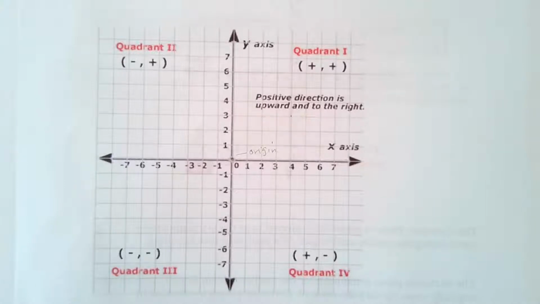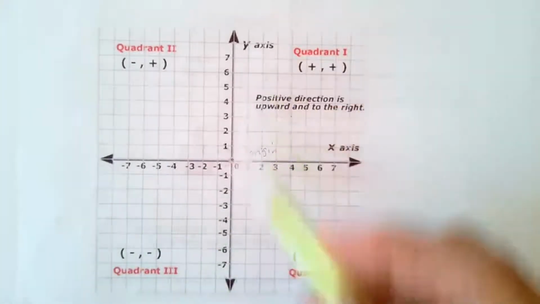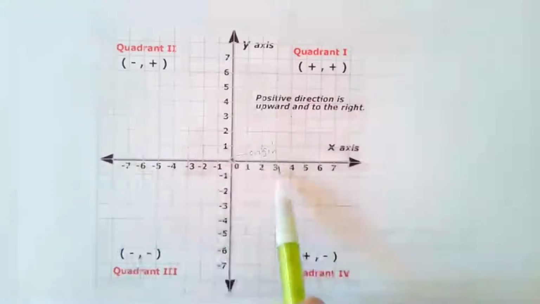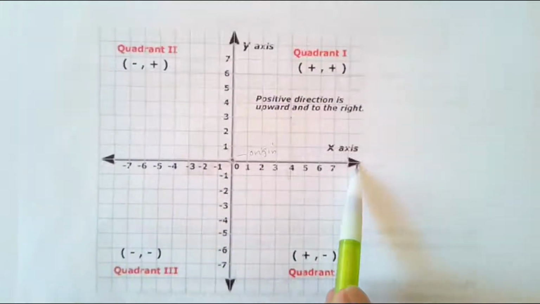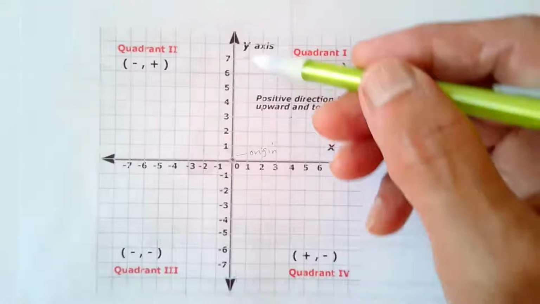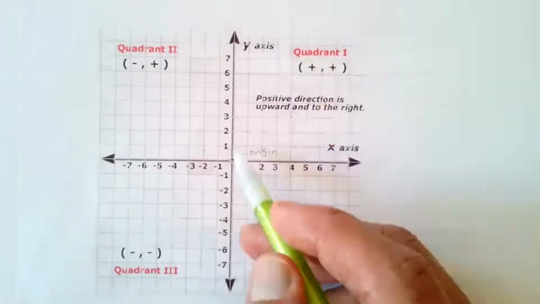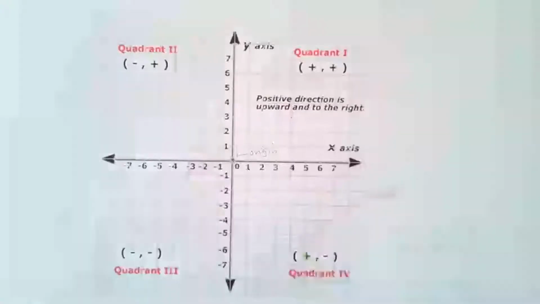Simply put, the Cartesian plane is really two number lines, where one is vertical, called the y-axis, and the other horizontal, called the x-axis. They are at right angles to each other, or perpendicular.